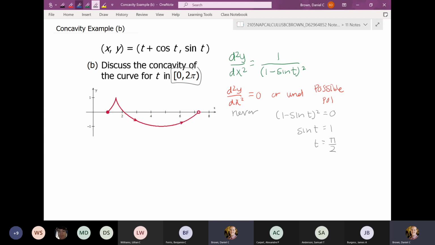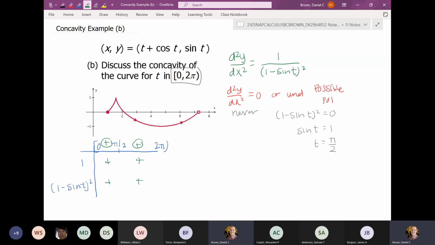How do we find the intervals of concavity? I can go ahead and make a sign chart. The t values are going from 0 to 2 pi, and we only have one possible point of inflection at pi over 2. Factors are 1 and 1 minus sine of t squared. Kind of a boring problem. 1 is always positive. Anything squared is always positive.